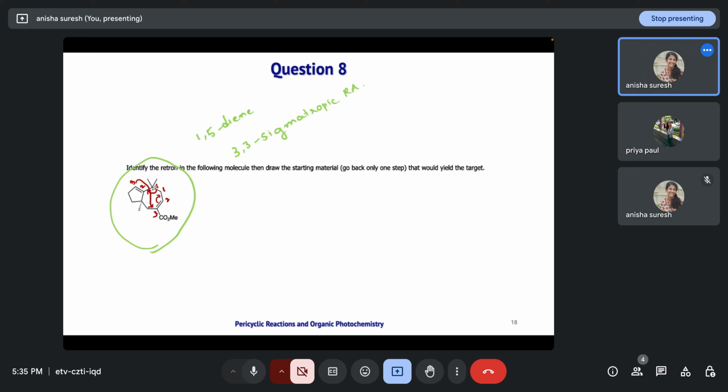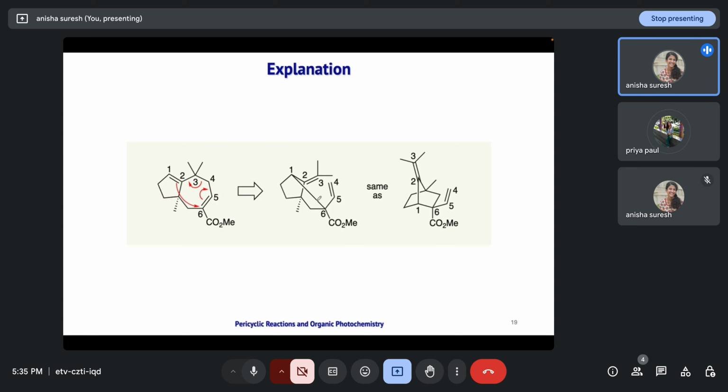Okay. So, this will be the final product. This is a retrosynthetic arrow, because this is the product and this is the starting material.